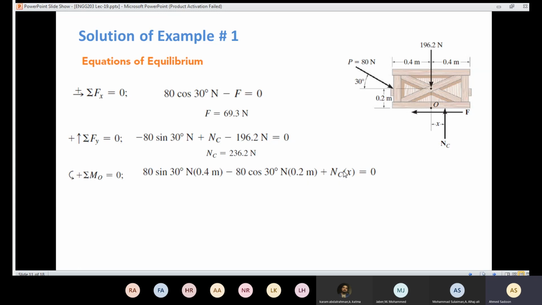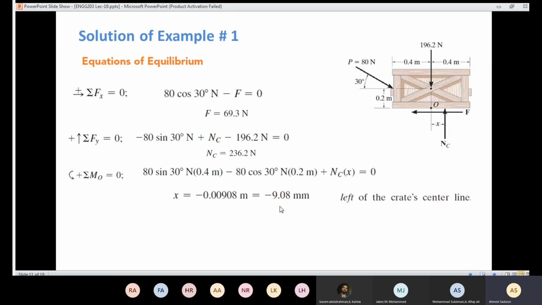Here I have one unknown, which is X. I already determined the value of NC, so now I determined the value of X. It came out to be negative. If the value here is negative, that means the value of X is left of the center of gravity. So the value of X really is here, not there.